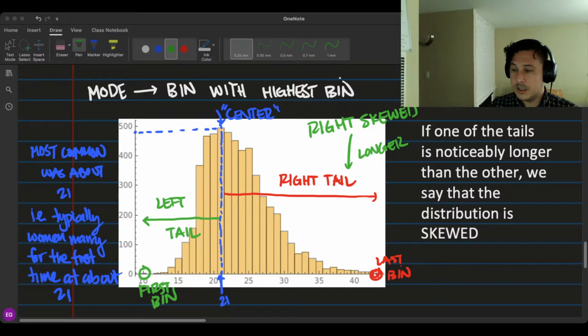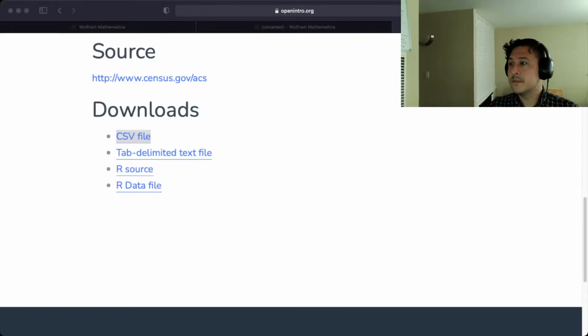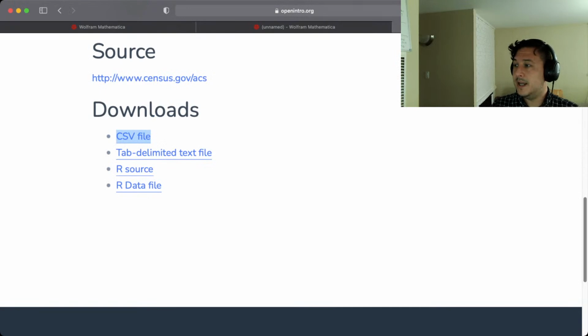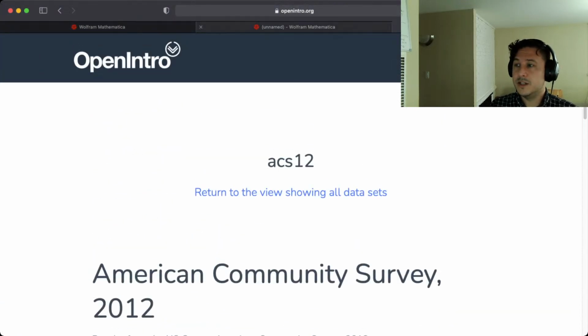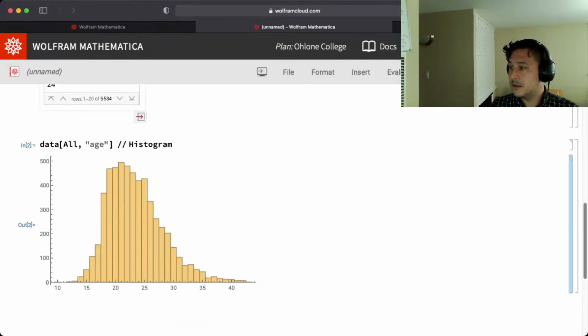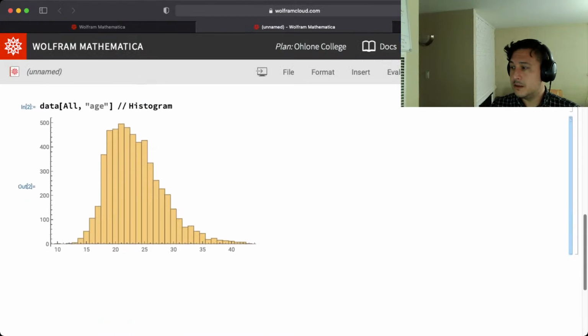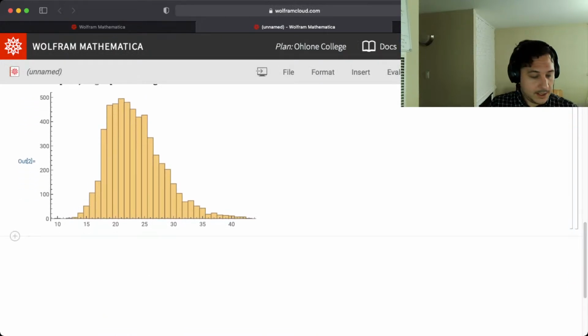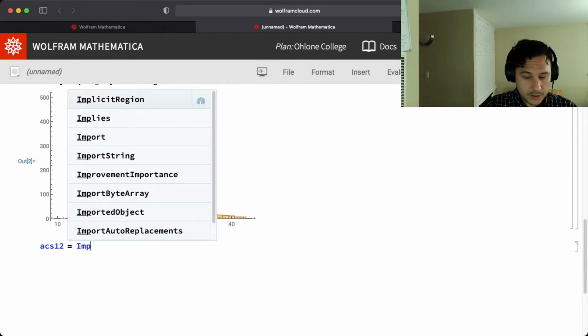Okay, so let me change my screen. I copied the link to the ACS12 data, the American Community Survey data. And I'm going to call this data ACS12 equals import.